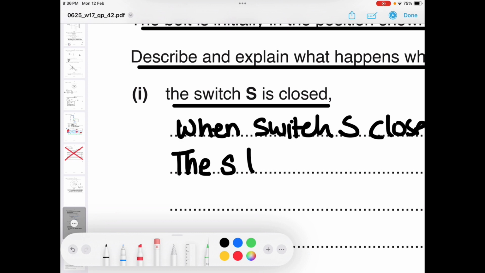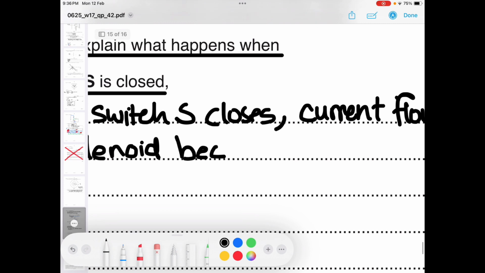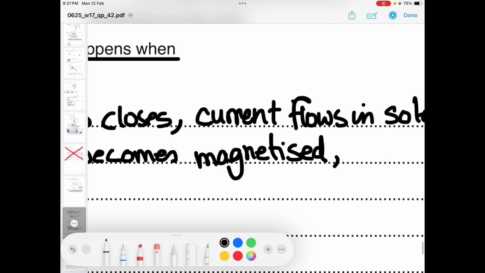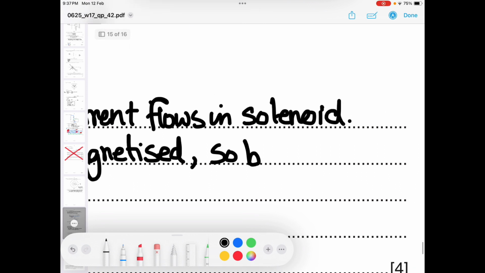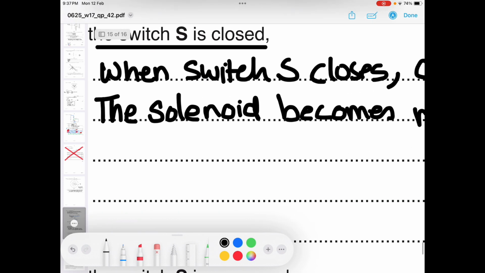So the bolt becomes magnetized with opposite poles.